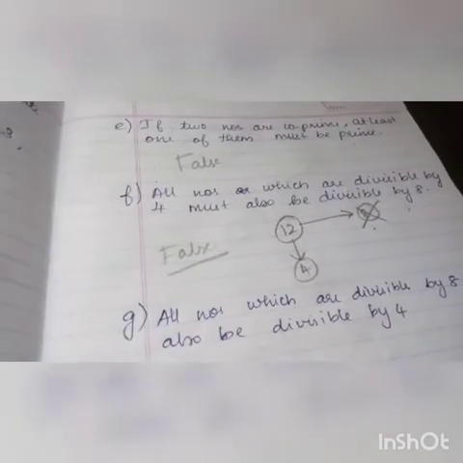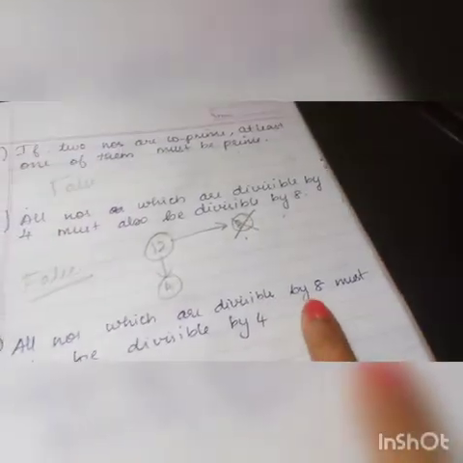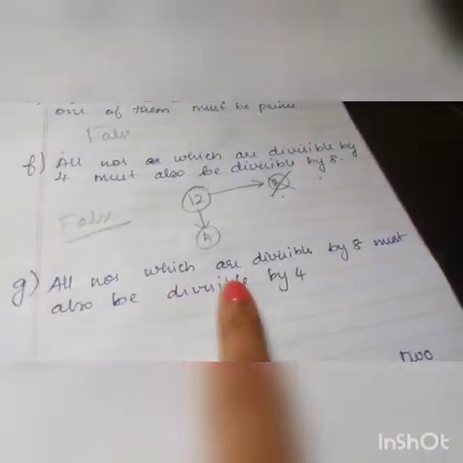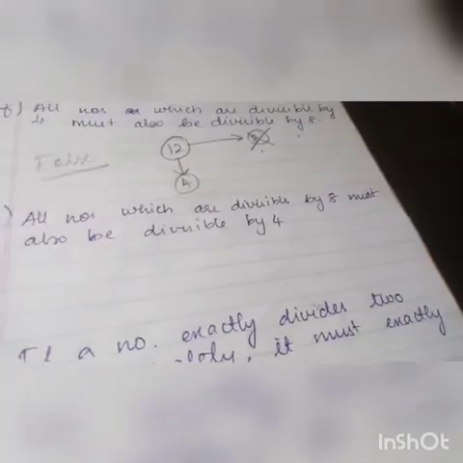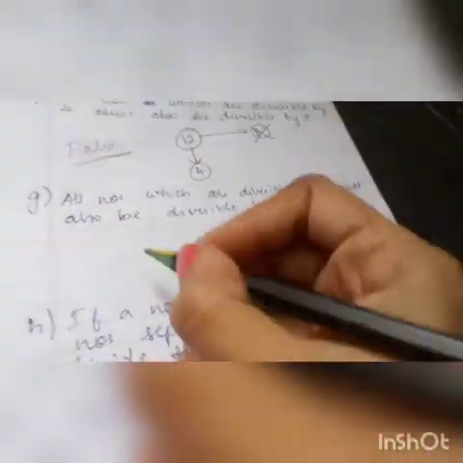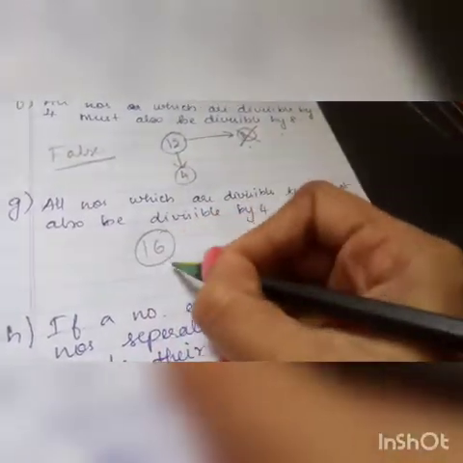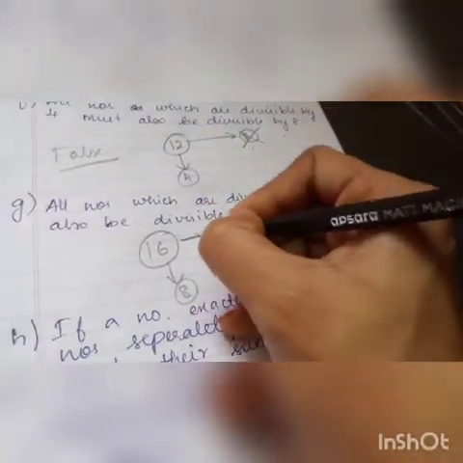What is the G question? All numbers which are divisible by 8 must be divisible by 4. Opposite of this. Shall I take a number? I am going to take 16. Actually 16 is divisible by 8, and it is also divisible by 4.